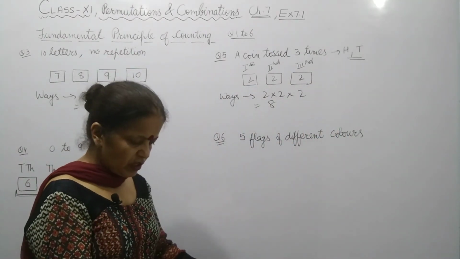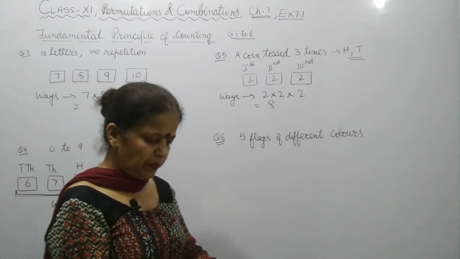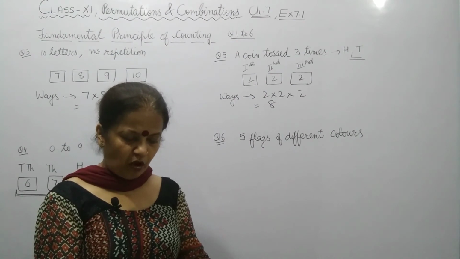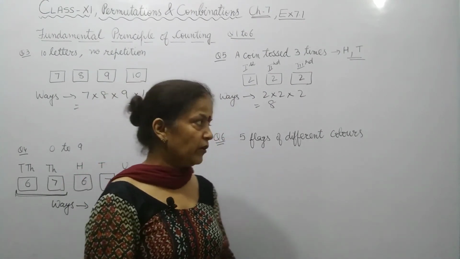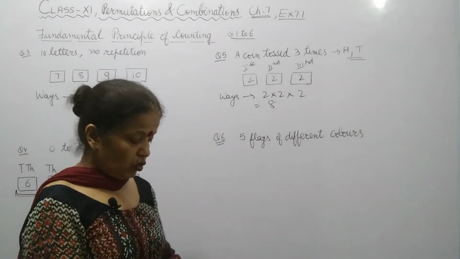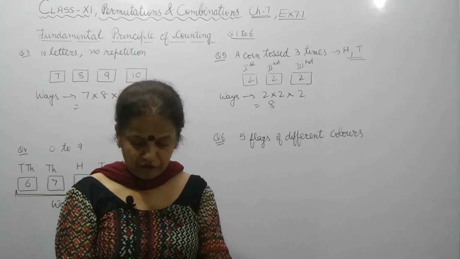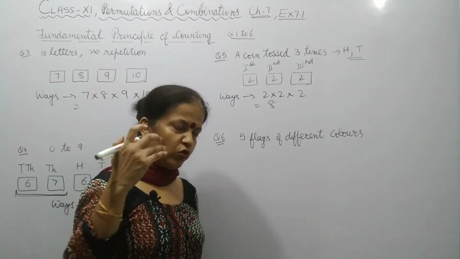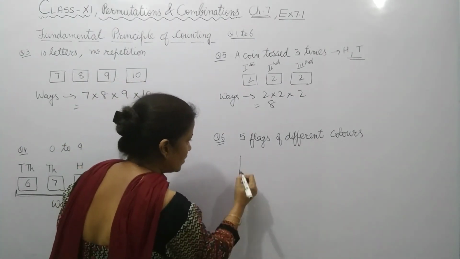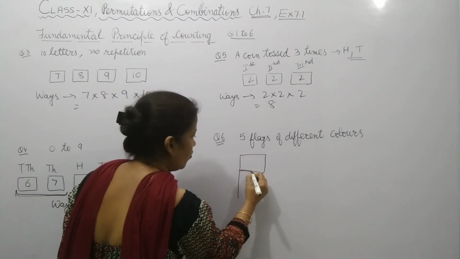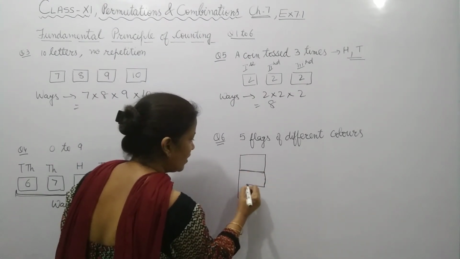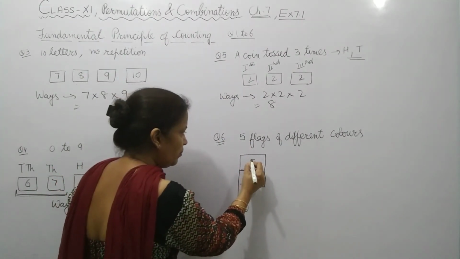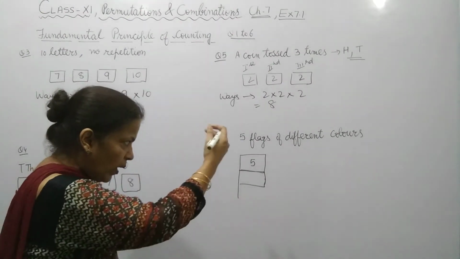Now the question is, how many different signals can be generated if each signal requires the use of 2 flags, one below the other? अगर हम फ्लैग की बात करें, signal with the flag, so out of these 5 flags, anyone can take the place and one below the other.